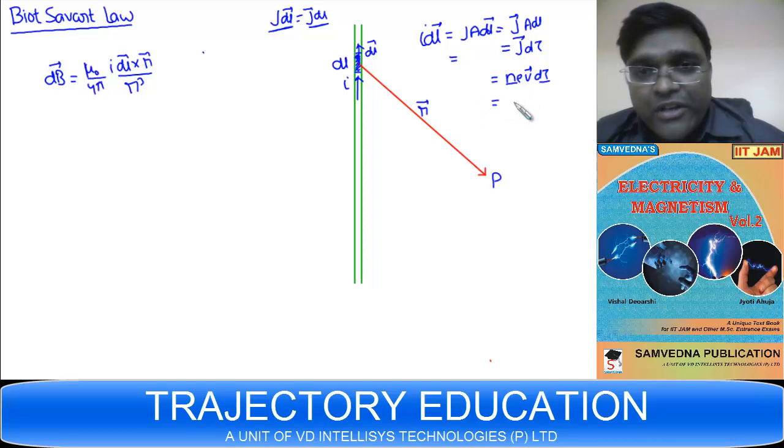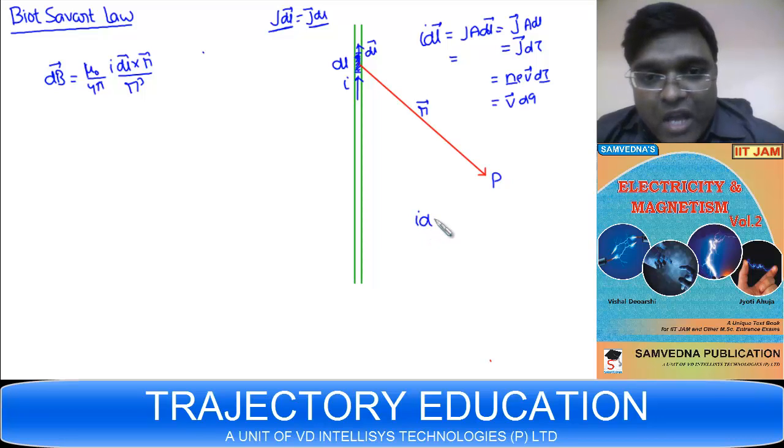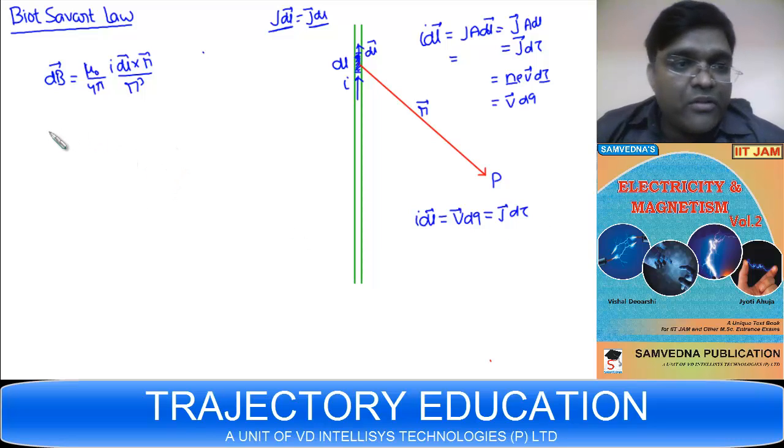This is written as dq, so we write it as v dq. So please remember, I dl equals v dq equals J d tau, right? Remember this.